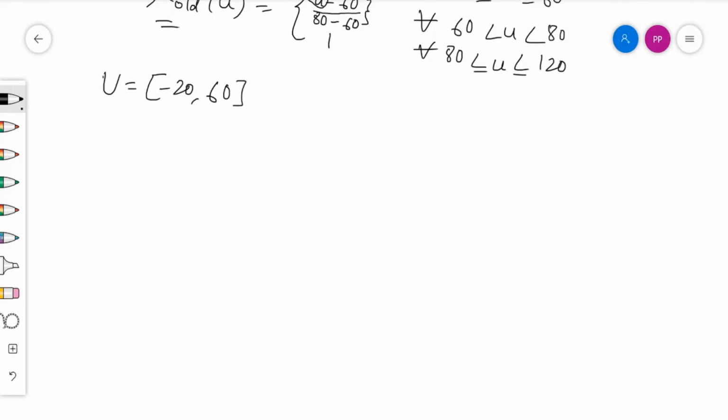This is the temperature range, so I am drawing a curve. In our consideration, this is a set of different temperatures starting from minus 20 to 60, and all temperature values in between will be considered.